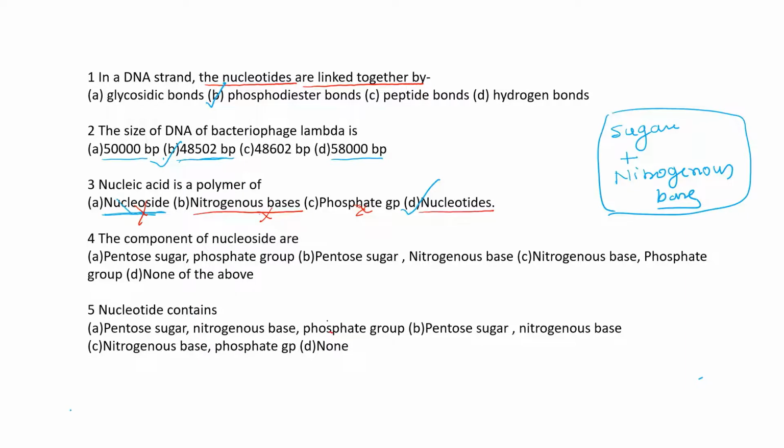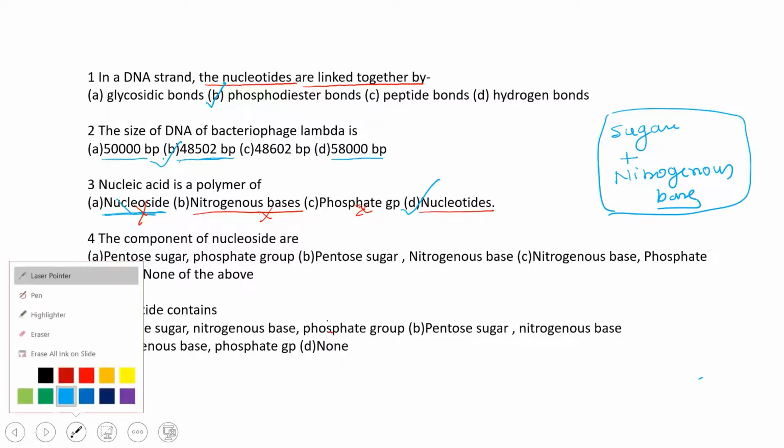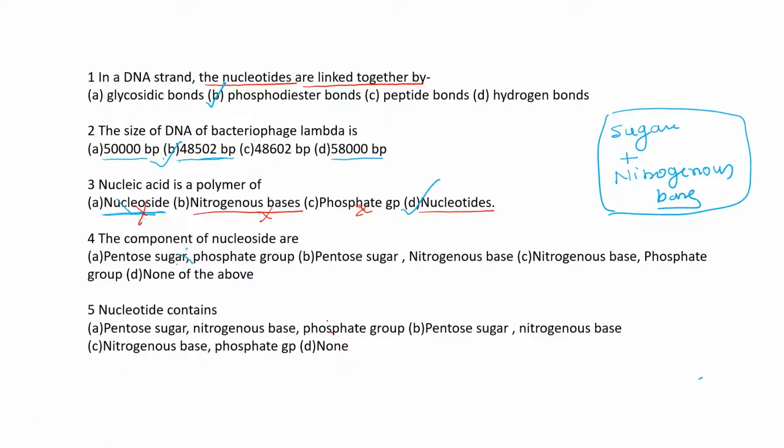Let's see the options. Option 1, pentose sugar and phosphate group. Not possible, phosphate group is not here, so this is the wrong answer. Delete this. Then comes pentose sugar and nitrogenous base. This is the correct option. Next question: nucleotide contains, what are the components present in the nucleotides?